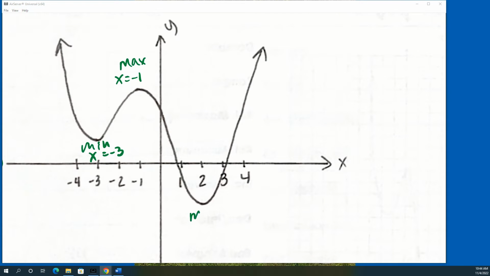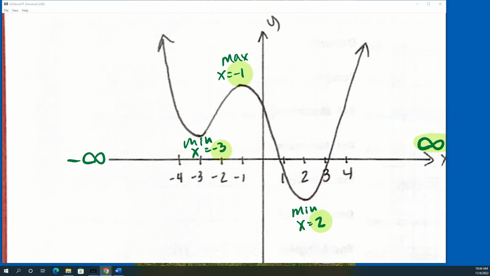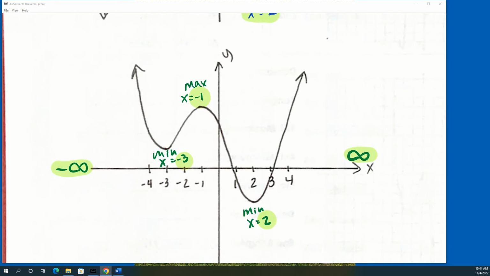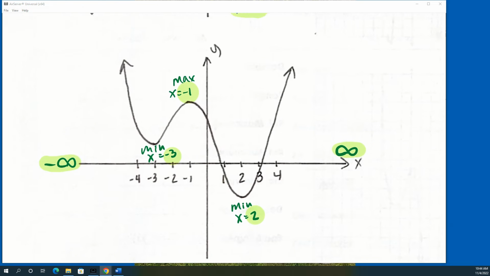And then we have one more min when x is 2. And as far as we can go to the right is positive infinity. When we do our intervals, those are the only numbers that we're going to use.